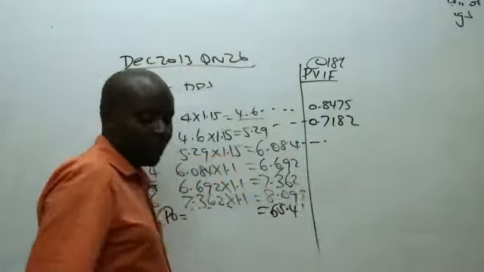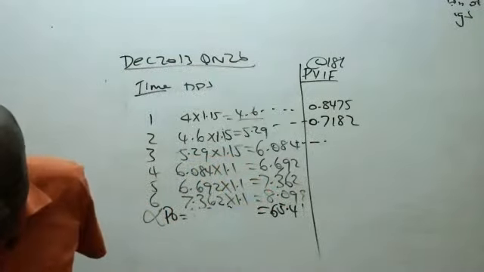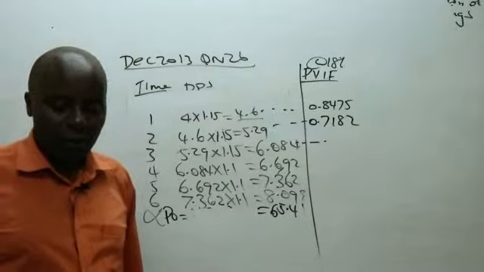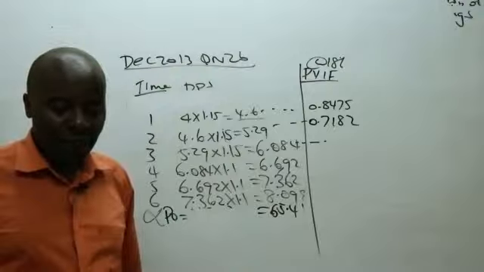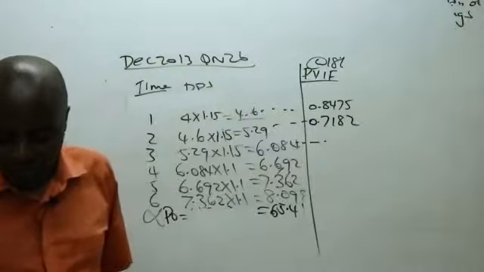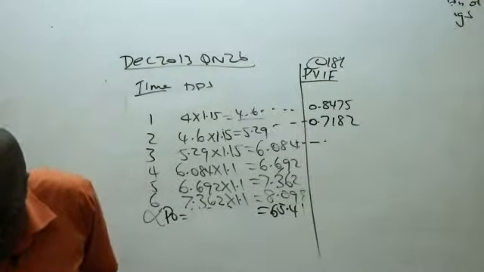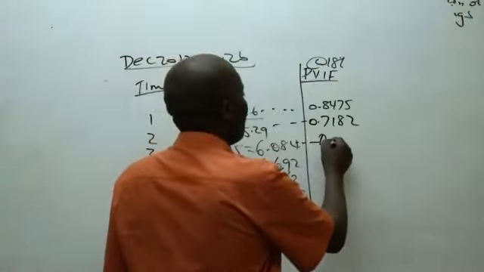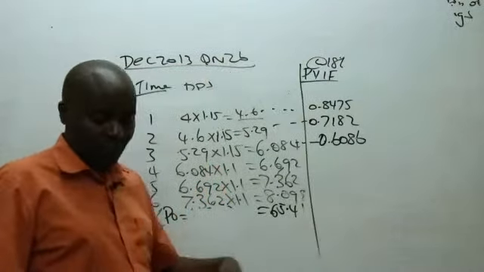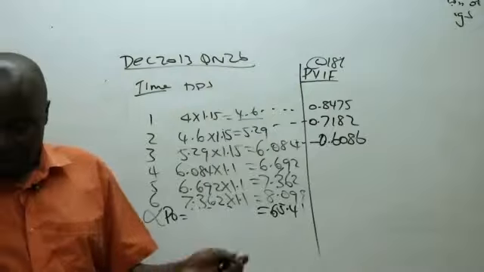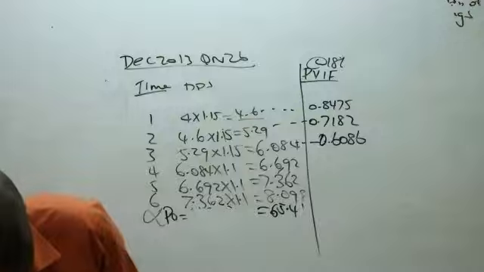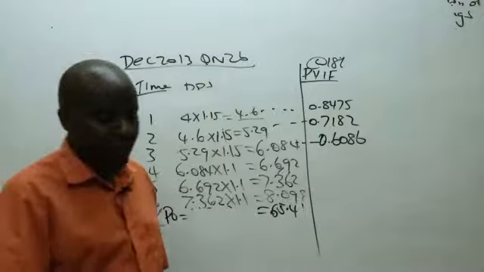The third one, thank you very much, 0.6086. That's how it's supposed to be pronounced, but for making your life easier, we normally pronounce it in the African way. The next one, I'm being told, is 0.5158.